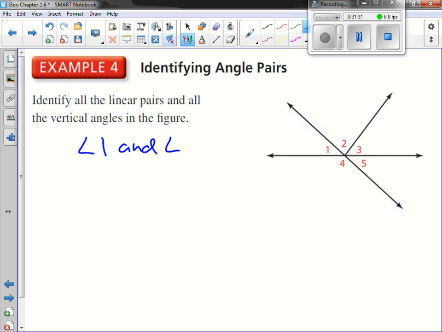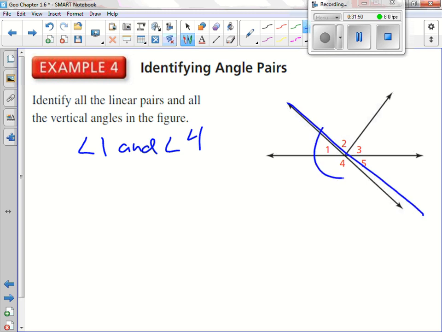Angle 1 and angle what make a linear pair? It wouldn't be angle 3 because there's angle 2 here in the middle, yes? 1 and 3 don't quite work because we need a straight line. So it'd be 1 and 4.